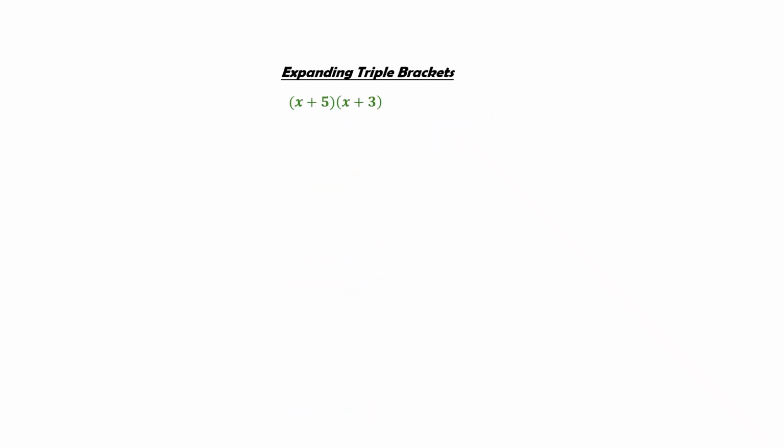Now, triple brackets. Triple brackets is like two brackets and then another bracket. What we will do is we'll just do these two first. Whatever the answer, we multiply it here. We did this question in the first part of the video, and we got x squared plus 8x plus 15.